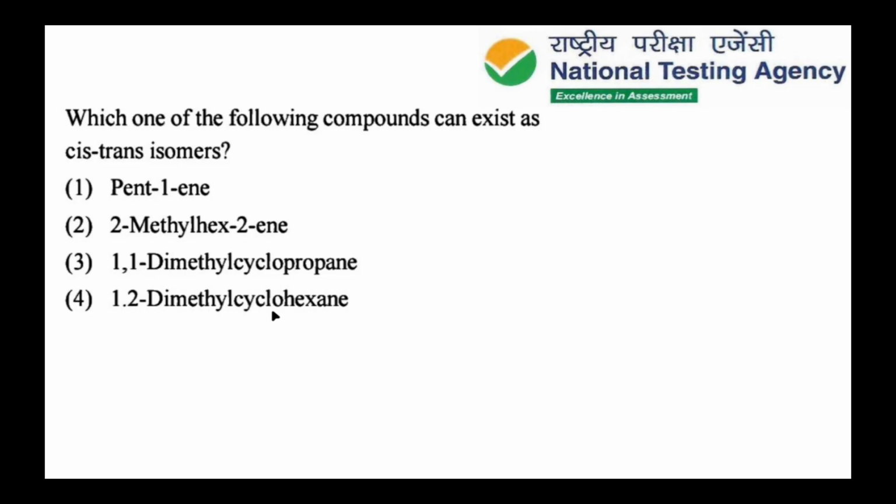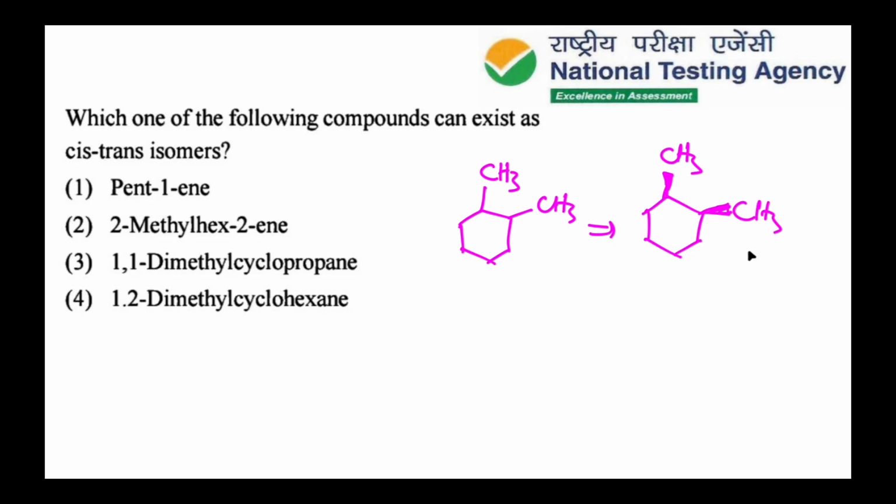So the next one is 1,2-dimethylcyclohexane. This 1,2-dimethylcyclohexane can exhibit cis-trans isomerism. Why? Because the two methyl groups can be present on the same face or opposite faces. If both methyl groups are above the plane, this is the cis arrangement.